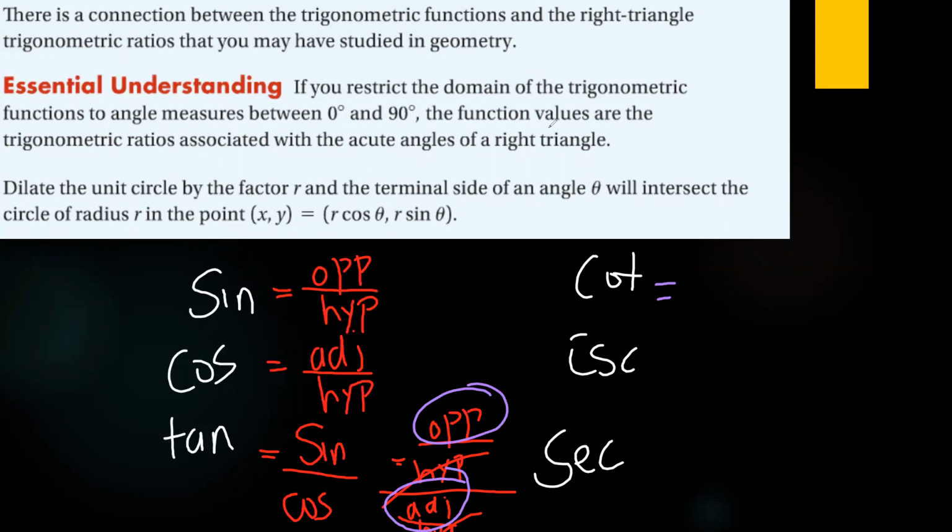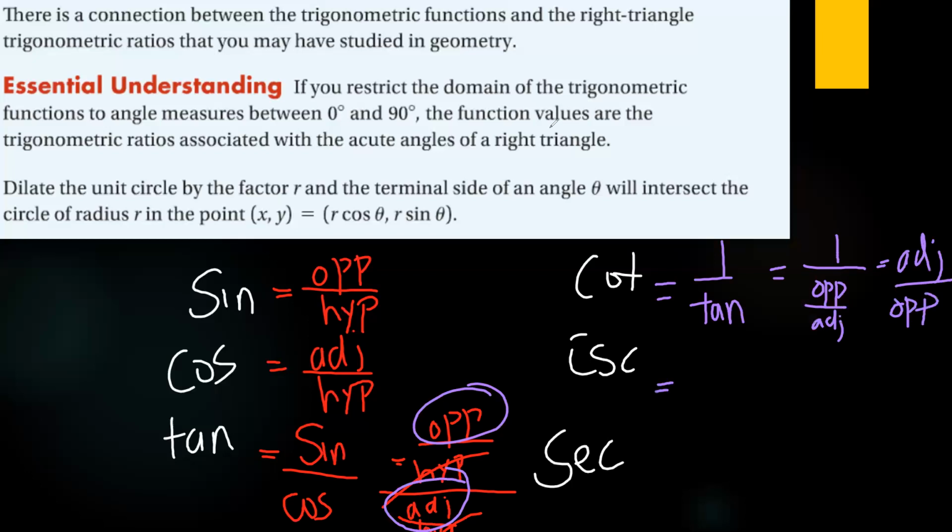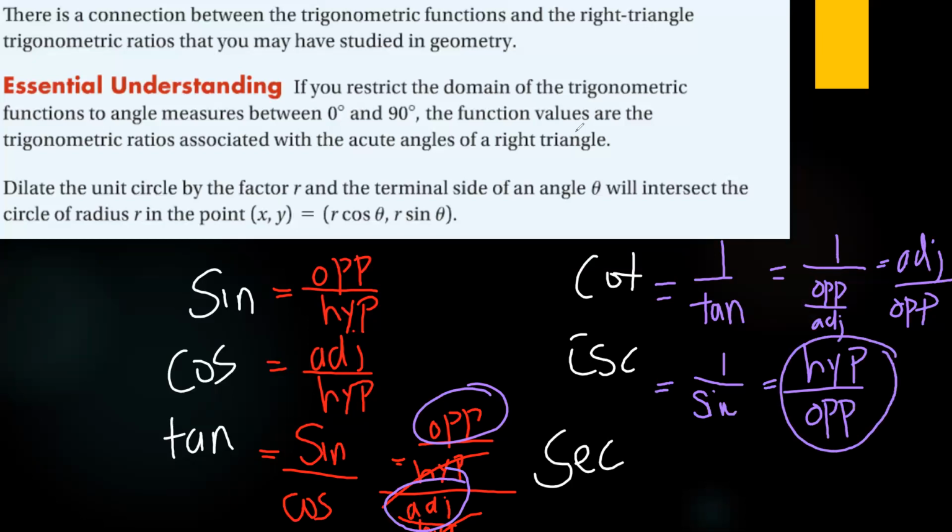And we know that the cotan is 1 over tan, so it is 1 over opposite over adjacent, which means it is adjacent over opposite. This is for the cotan. For the cosecant, we know that it is 1 over sine, so it is hypotenuse over opposite; just take the reciprocal of sine.